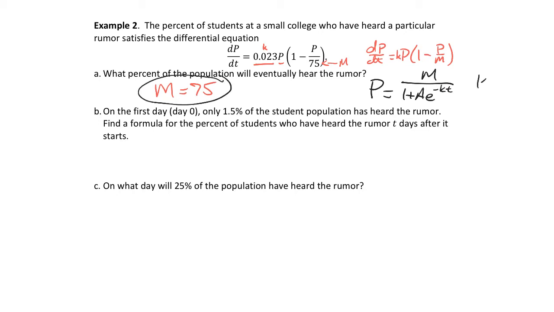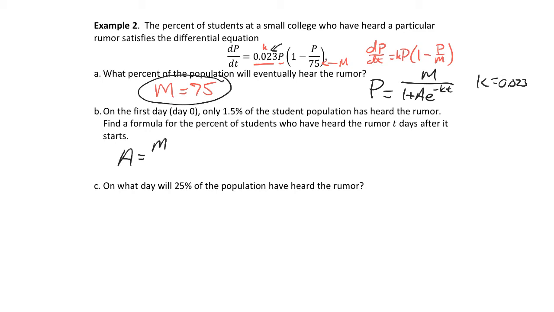We also know that k is the coefficient of P, so k is 0.023. We don't know what A is, though. A, M, and k are our parameters, which once we know, they are fixed. P and t are our variables. So we know that M will always be 75, k will always be 0.023 for this particular problem. We just need to figure out what A is.